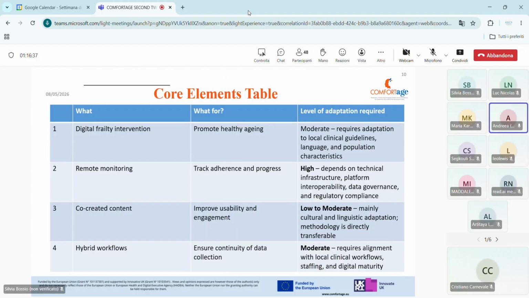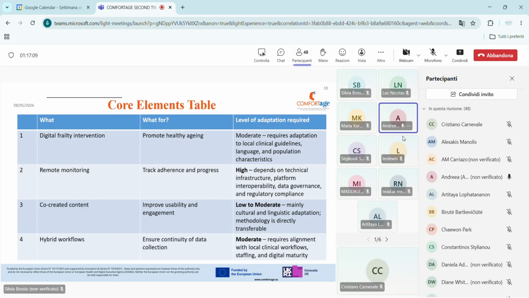Each of the four core elements has transfer potential, but with different levels of effort. The digital intervention and hybrid workflows require moderate adaptation, mainly to local guidelines, staffing, and digital infrastructure. The co-created content is the most readily transferable, needing primarily cultural and linguistic adjustments.